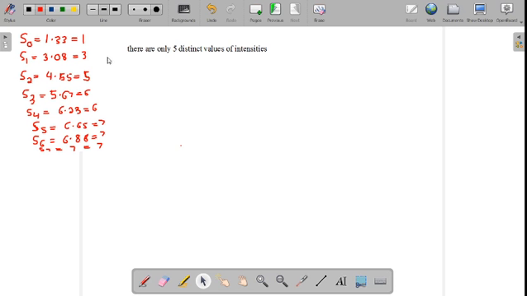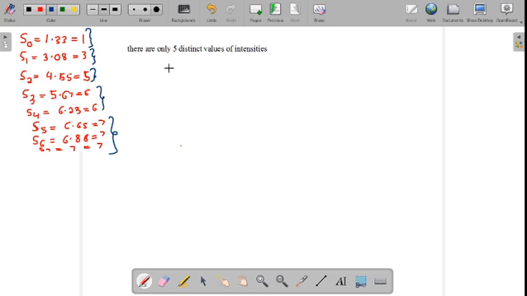So there are only 5 distinct values: 1, 3, 5, 6 and 7. If you consider there are only 5 distinct values, you look over here. So this is one distinct, 2, 3 and 5. So there are only 5 distinct values.